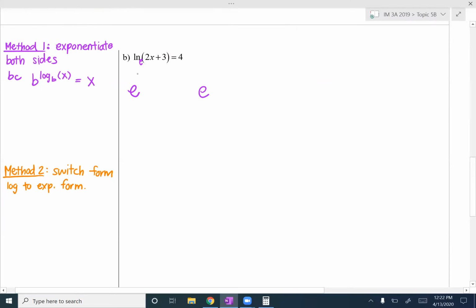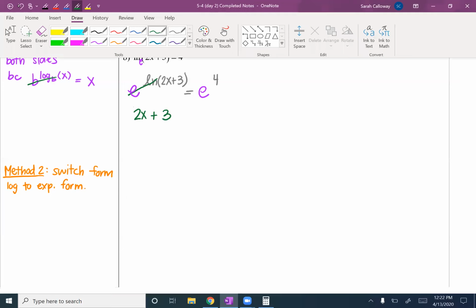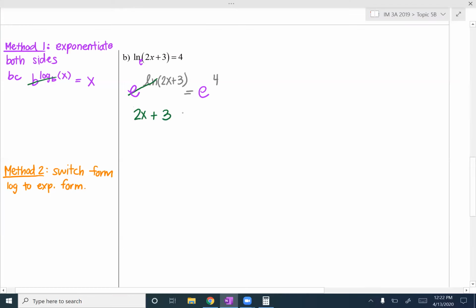So I have e to the ln of 2x plus 3 is equal to e to the 4th power. So again, the point of this is that e raised to the ln cancels, and I just get 2x plus 3. And then I have to calculate e to the 4th power.